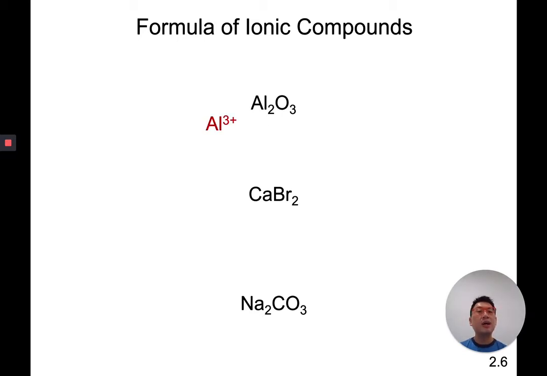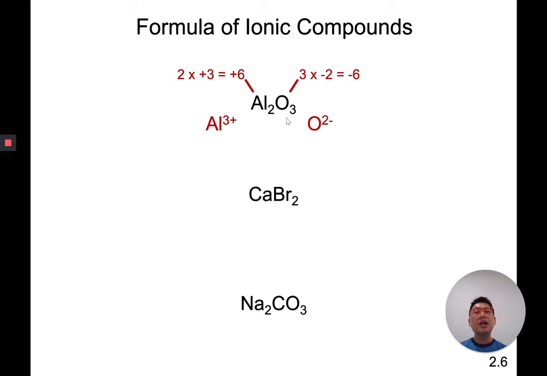Aluminum's charge is positive 3. Oxide's charge is negative 2, from looking at the table. Right now, you don't have to memorize, so I'm just telling you. But the total charges have to add up to 0. I have 2 aluminums, each one is positive 3, giving a total of positive 6.